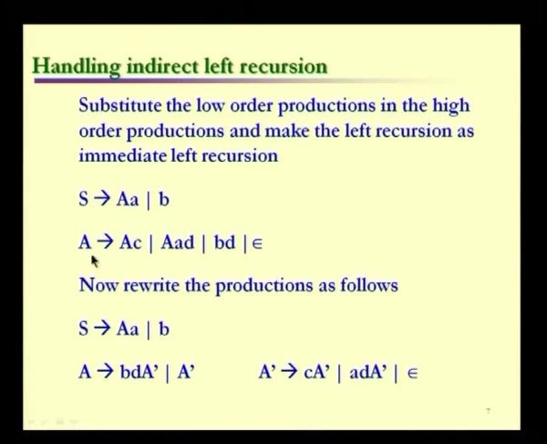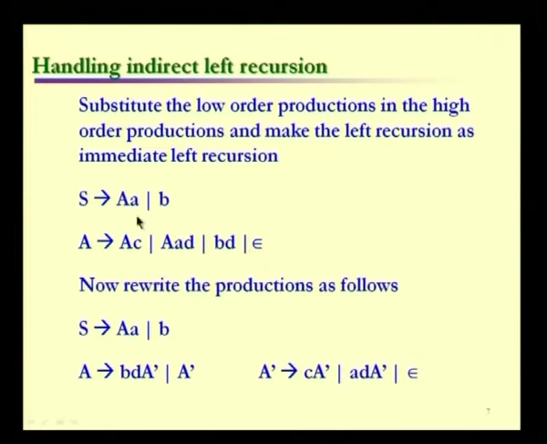This first production has not been modified, whereas for the second one, after substituting the right hand side for S, since we have two right hand sides for S, A derives AC is left unchanged, whereas SD becomes AAD and SD once again becomes BD, because of this A we have AAD here, and because of this B we have BD here. And in the case of epsilon, it is not a left recursive rule, so that can be simply left as it is without any modification.